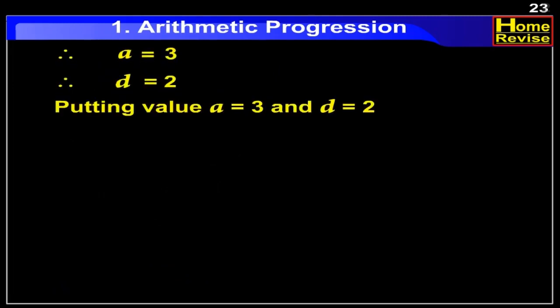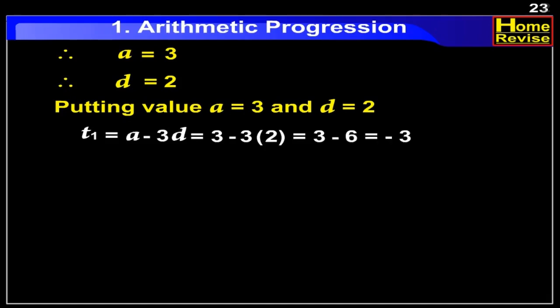Now, putting the value of a and d, we get T1, that is first term, is equal to a minus 3d is equal to 3 minus 3 into 2 is equal to 3 minus 6, which is equal to minus 3. Similarly, T2, that is second term, is equal to a minus d is equal to 3 minus 2, which is equal to 1.